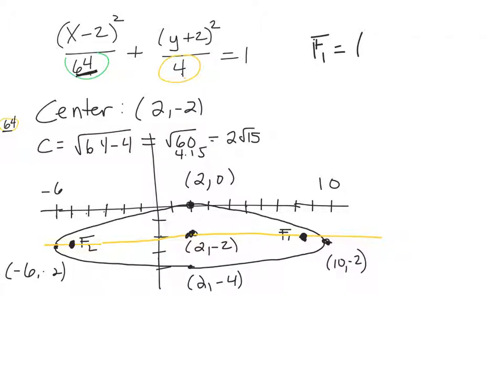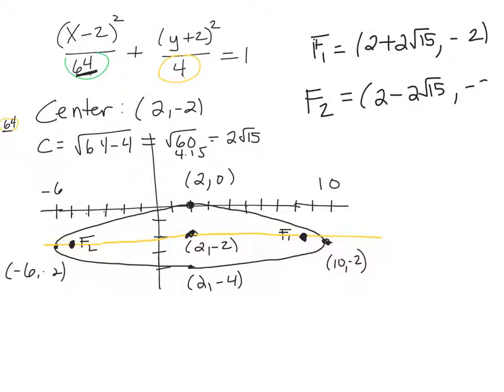So I start with the center value for x, and I add c, so 2 root 15, and my y value stays the same. And then F2 would start at that center and subtract c. So minus 2 root 15, and my y value stays the same. And that is done.